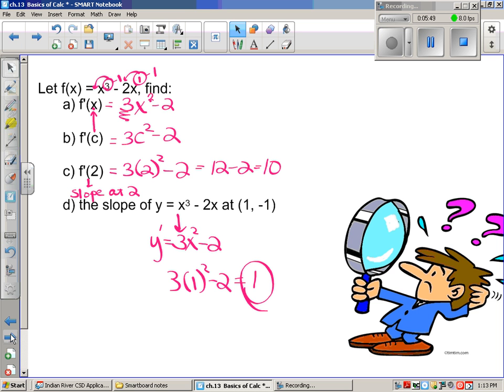Well, good luck as you do your homework assignment, because you'll have lots of practice with that as well. In this section, you have homework assignment 24 through 28 in front of you, hopefully. When you look through that, you'll notice 24 is just practice. 25 looks just like the question I just did on D, where you're finding the slope at a point.